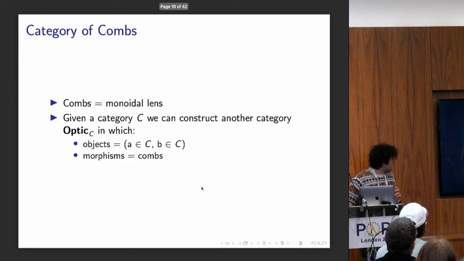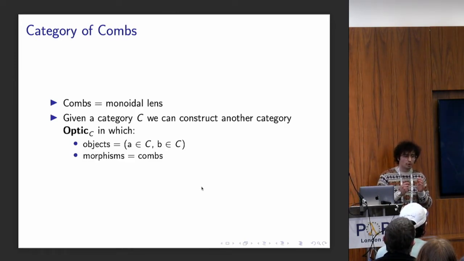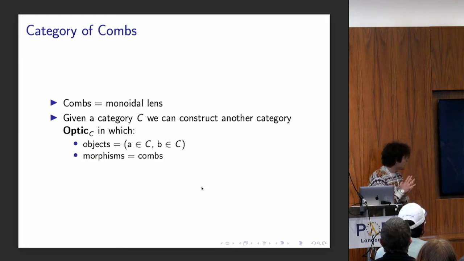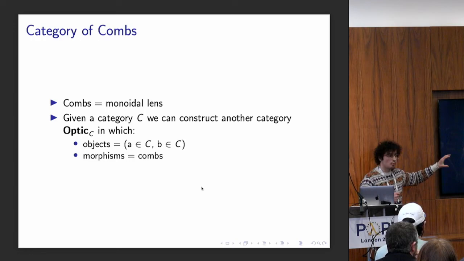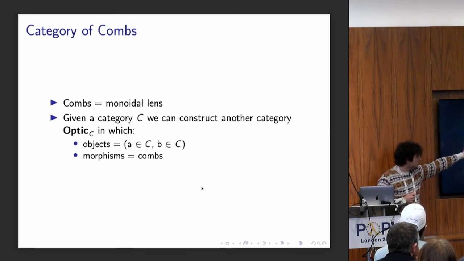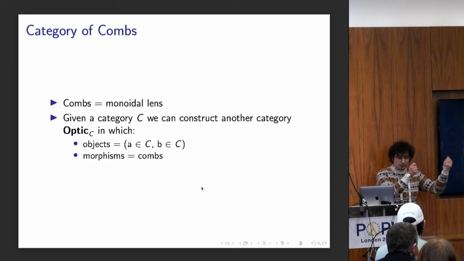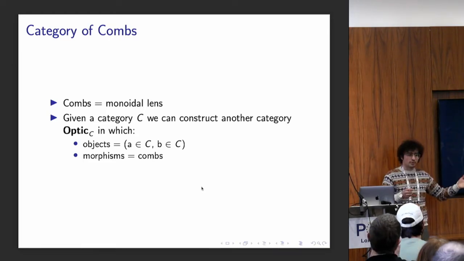But they're also equivalent to a monoidal lens or an optic, if somebody's heard about this. These things form a category, they're morphisms in a certain category, this category Optic C. So you get a category C, the objects of Optic C are pairs from C, and then the morphisms are going to be these combs.